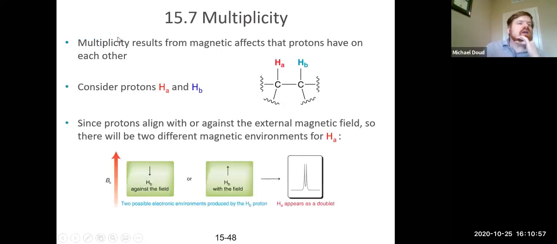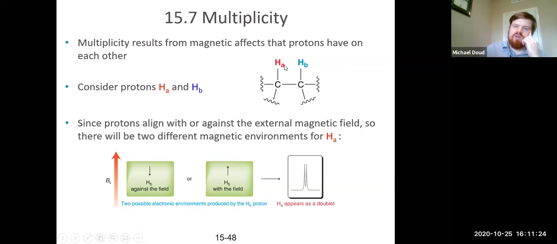Okay. So multiplicity comes from the fact that when you have neighboring protons, remember, we're studying the magnetic effects here. The magnetic fields generated by the angular momentum of the protons are going to affect each other. So here, if we have HA and HB, we have 2 methine protons.